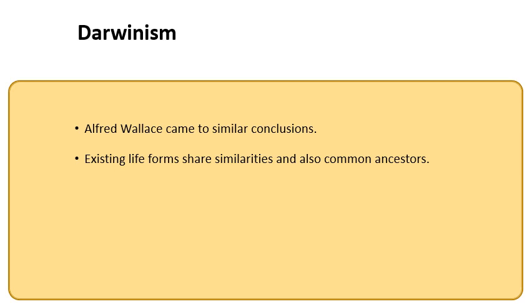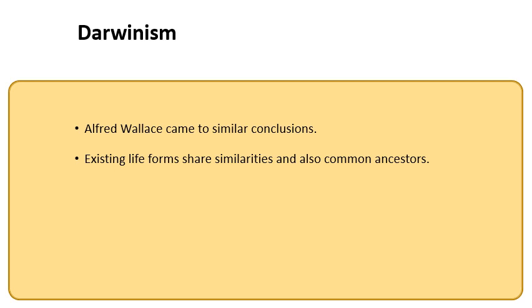In accordance with Darwin, there was another scientist called Alfred Russel Wallace. Alfred Russel Wallace also proposed the theory of Darwinism. He also proposed the theory of evolution. He had similar concepts to those of Darwin. As a result, Alfred Russel Wallace and Darwin shared the same ideas regarding the theory of evolution.